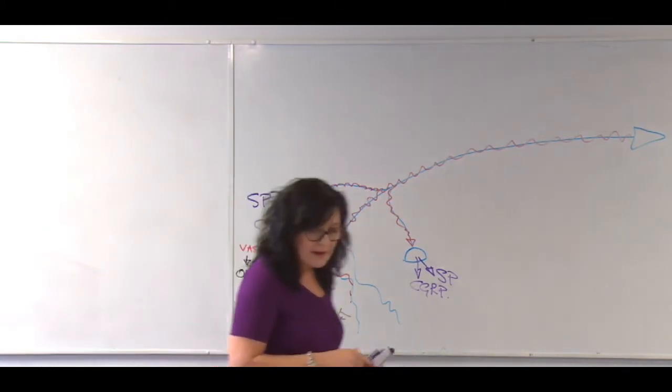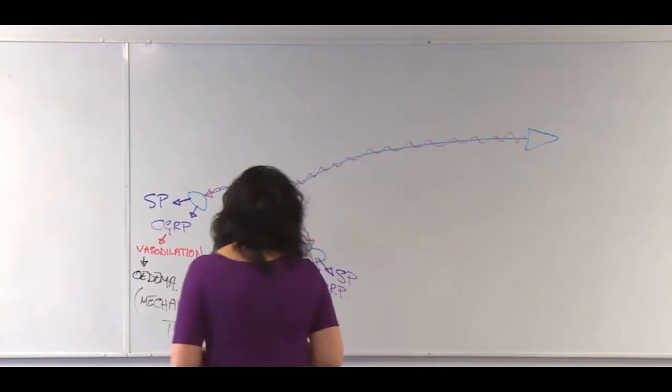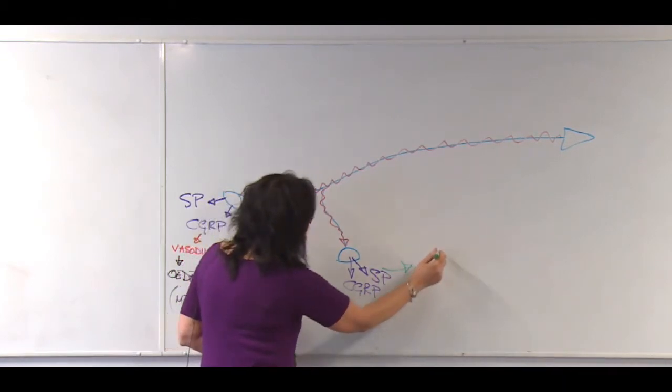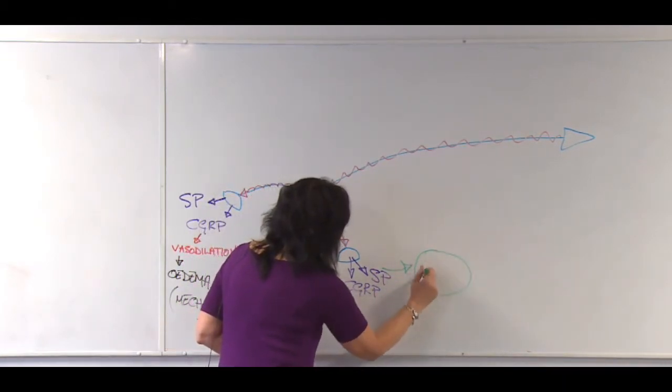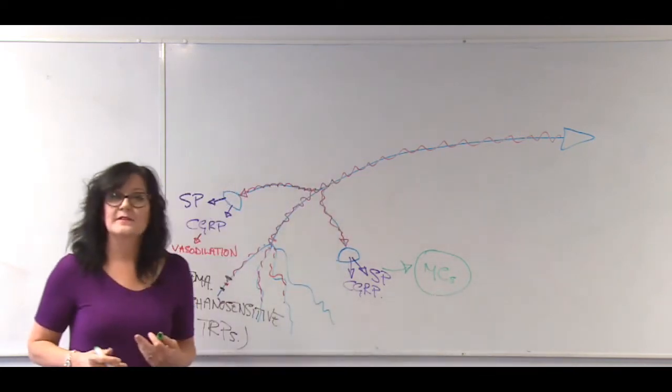If you remember the other thing that we said that substance P does, substance P degranulates mast cells, degranulates and activates.